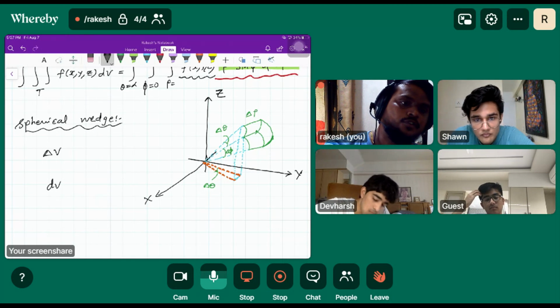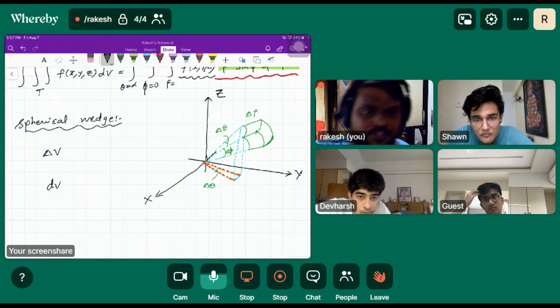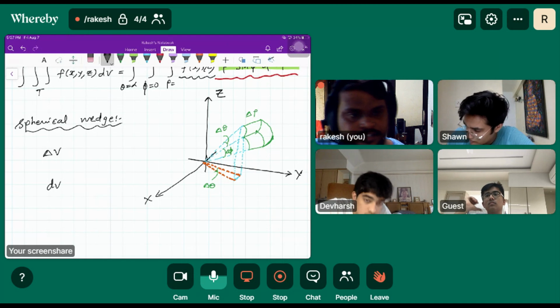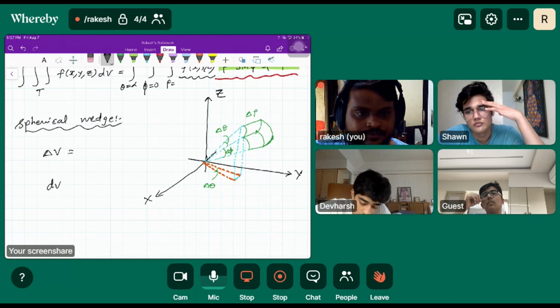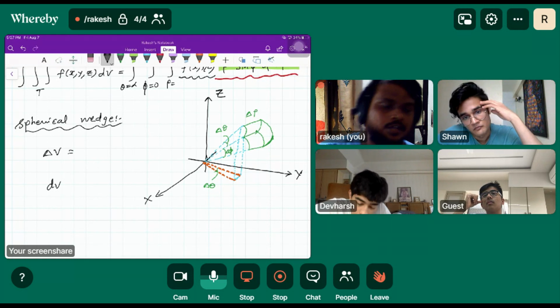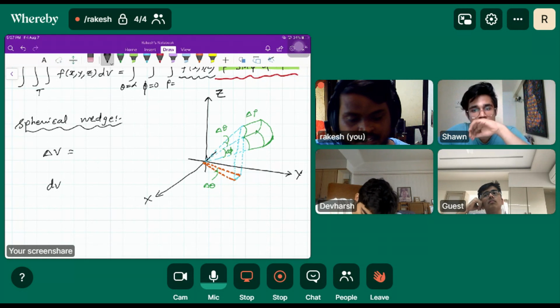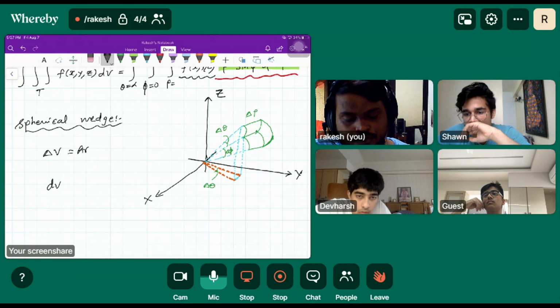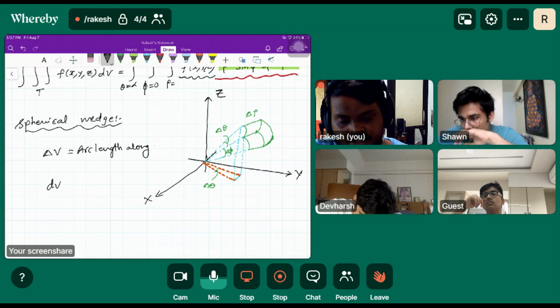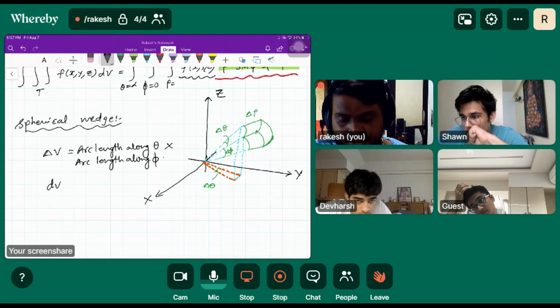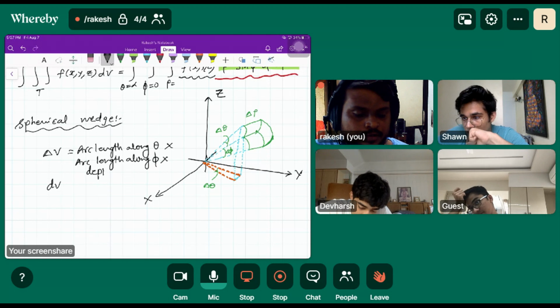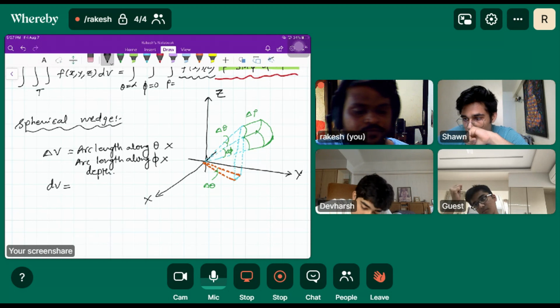So what is the change in volume of this spherical wedge? That would be the arc length along theta. Let me write the change in volume: the arc length along theta into the arc length along phi into the depth.